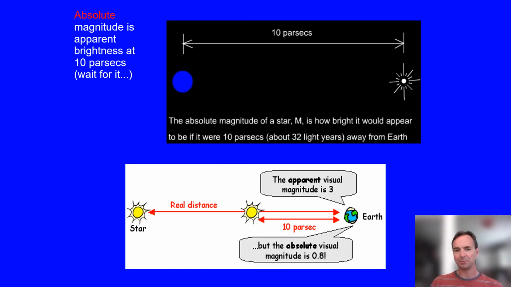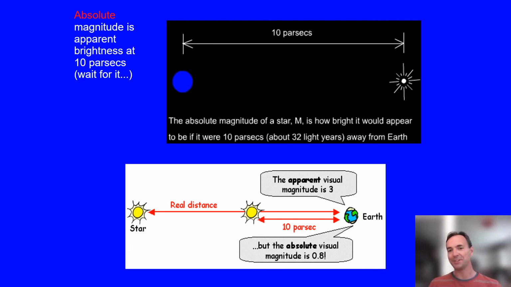So therefore this bottom little diagram here is quite useful. The star is actually that distance away, but if I brought it 10 parsecs nearer, it would be a bigger number. 0.1, hang on, gotta be careful here. It's a smaller magnitude, but nevertheless it's a brighter star.